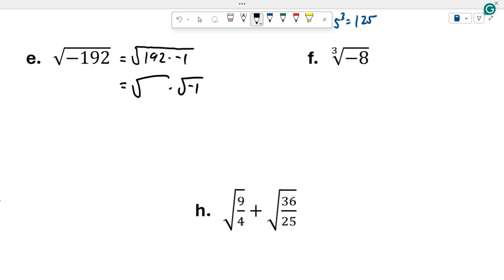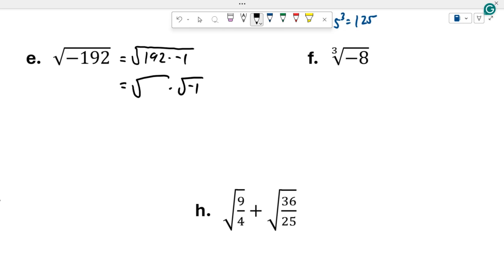You can just run through the list. 4 does, 9 does not, 16 does, 25 does not, 36 does not, 49 does not, but 64 does. And any square number larger than 64, 81, 100, 121, 144, 169, 196, et cetera, none of them are going to go evenly into 192.